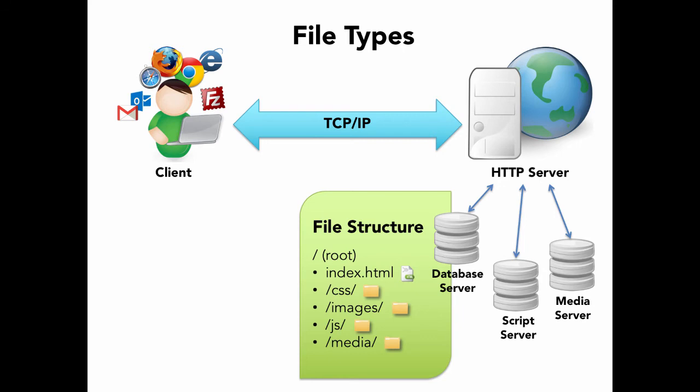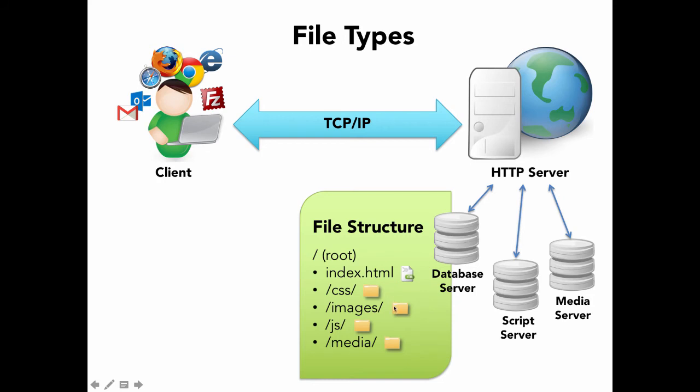For example, we have the root, which is our base. We have files, that's our index.html. But then we might have more than one style sheet. We might have several style sheets for different pieces. So we actually can create a CSS folder that will contain all of our files that end in .css.